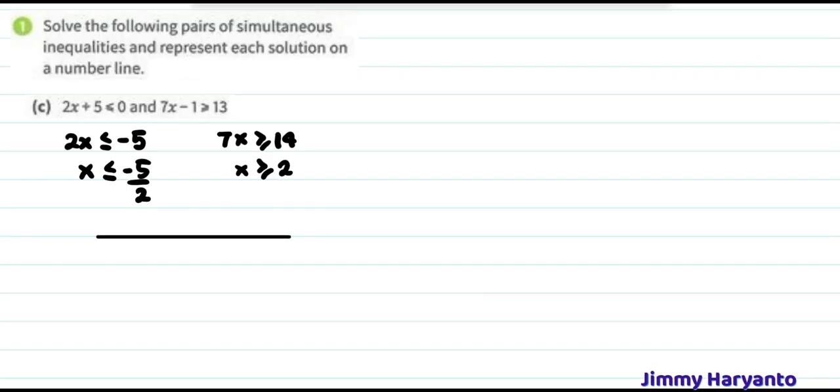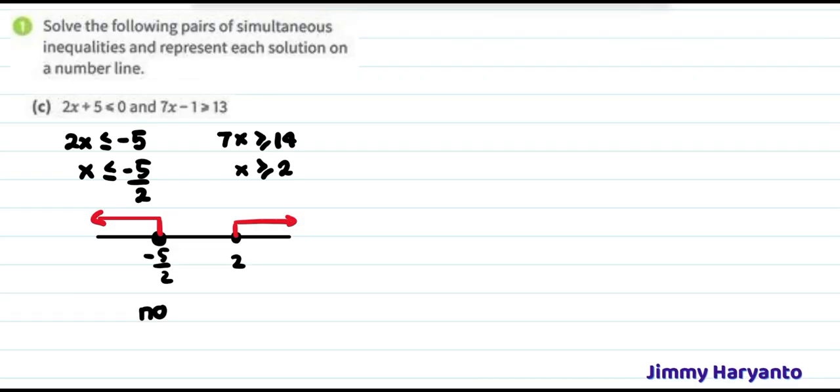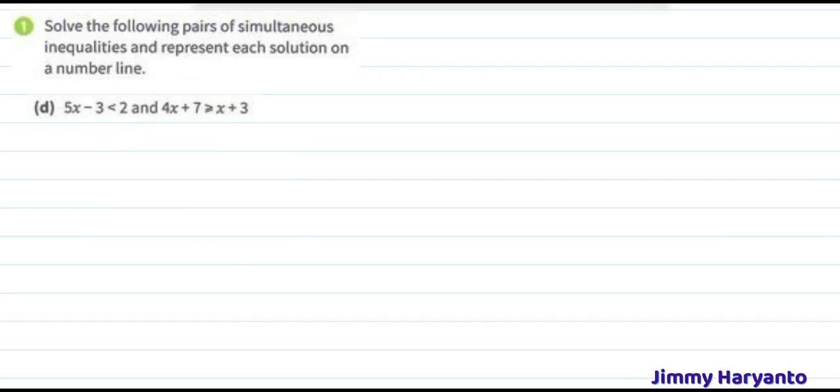That means the number line will be like this, negative 5 over 2 right here, and then 2 is right there, the 2 is going to the right, the 5 over 2 going to the left. That means no overlap area. For this one, there are no solutions.